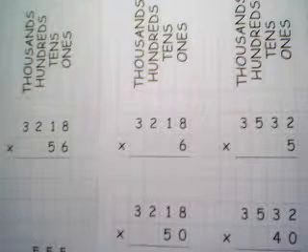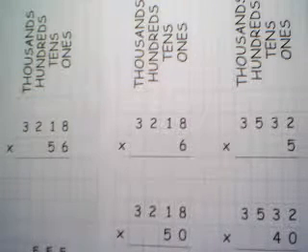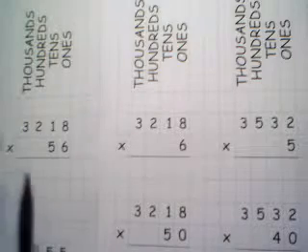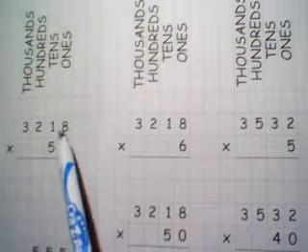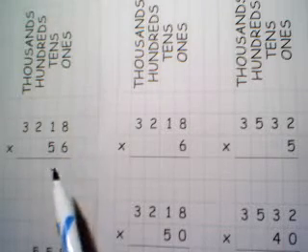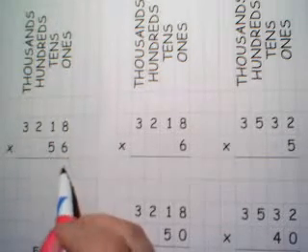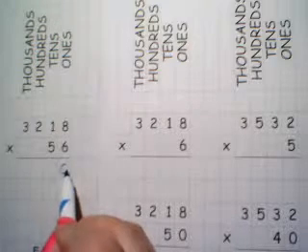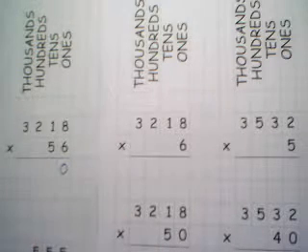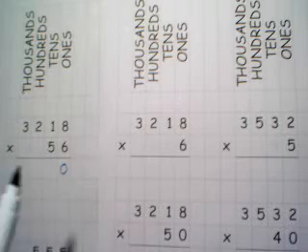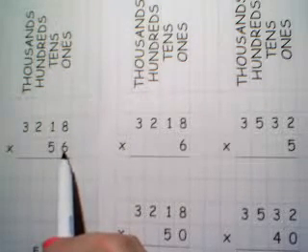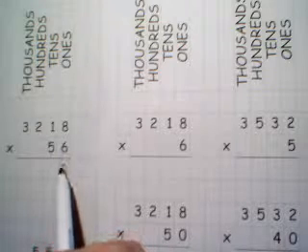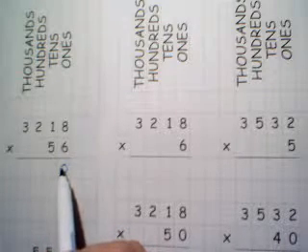All right. So when we're working with this problem here, when we first multiply 8 times 6, we're going to get 48. So we're going to put our 8 from our 48 in the ones place because, again, we started with our 6, which is in the ones place. So this is where our answer is beginning, in the ones place.